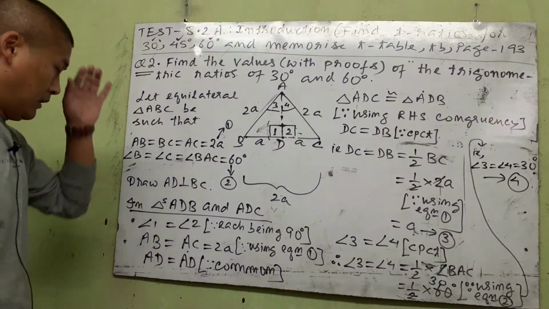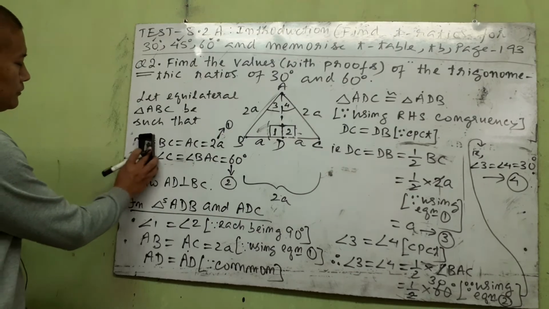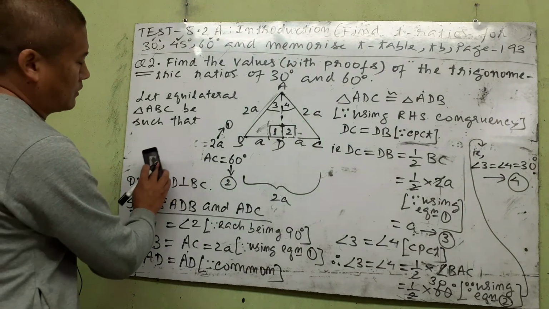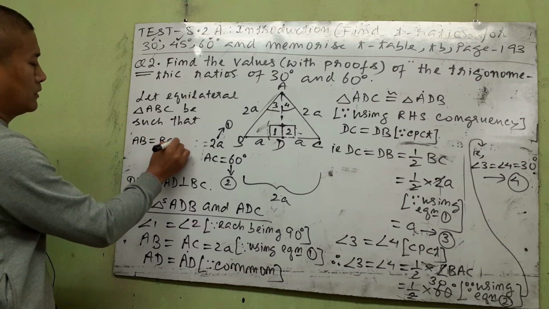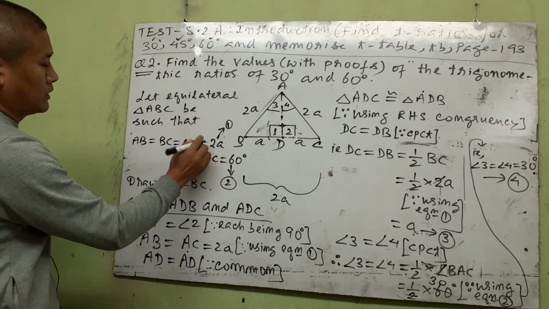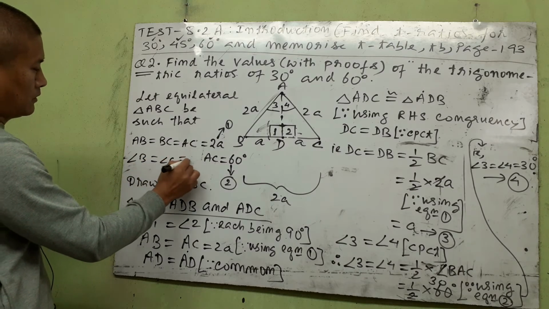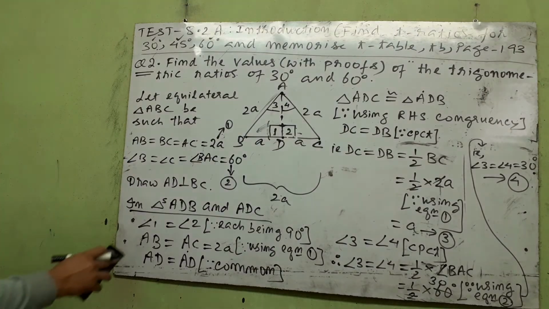So now we are ready. One more thing before we go. Here AB equal to BC equal to AC equal to twice A, then angle B equal to angle C equal to angle BAC equal to 60. That one, just skip it.